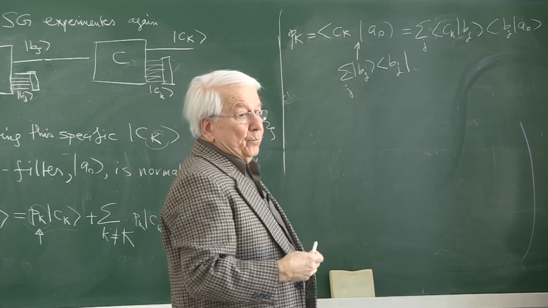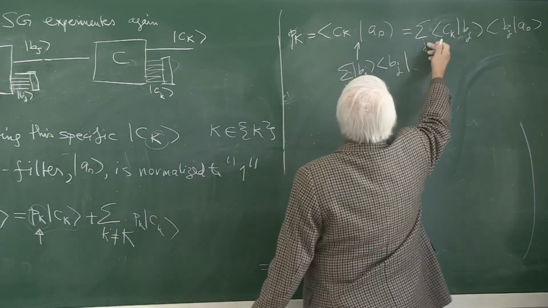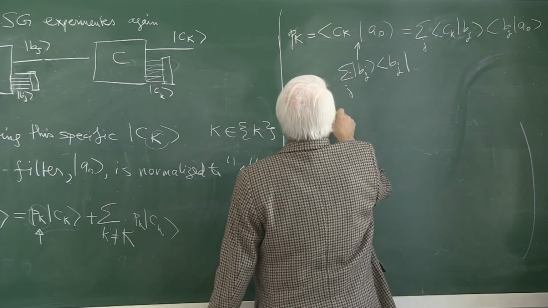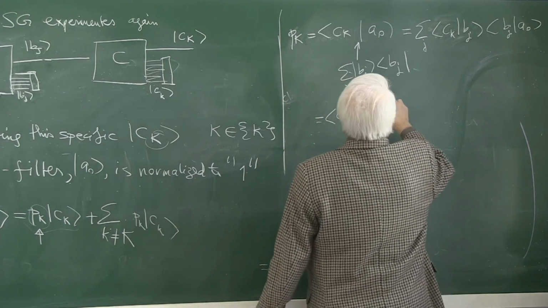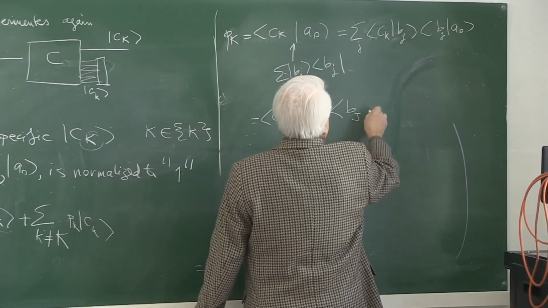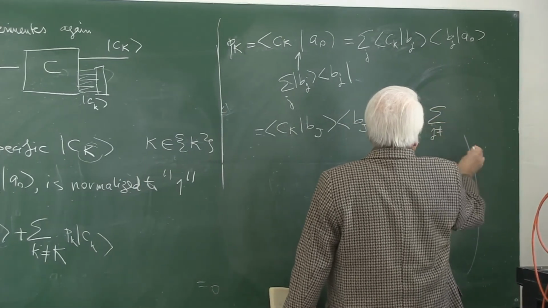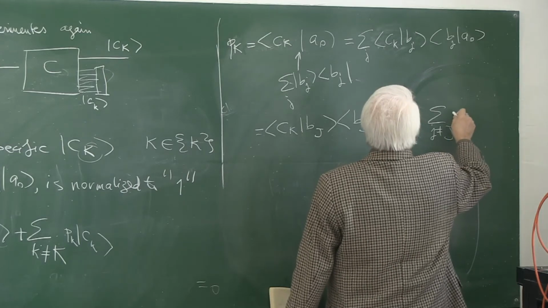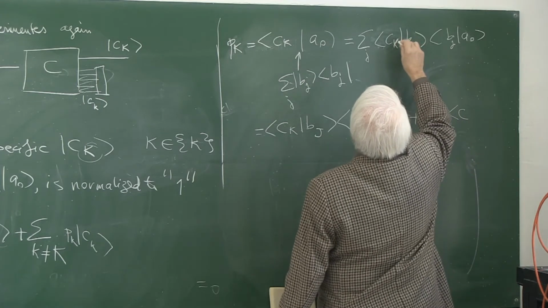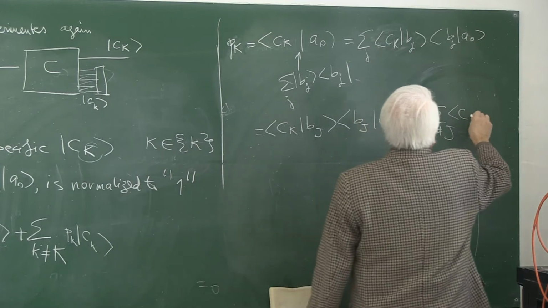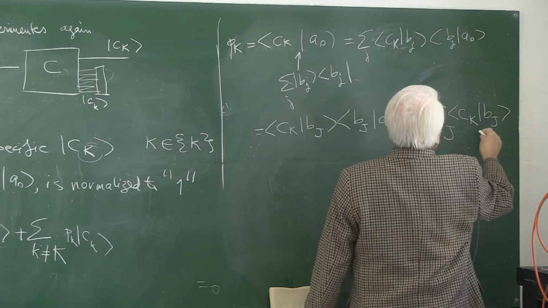So in this sum, in principle infinite, I have to isolate the j equals capital J term and write it as <c_k|B_J><B_J|A0> plus j different than capital J. Sorry, I don't know what kind of notation I have to invent, because even myself, I may make a notational mistake in here.